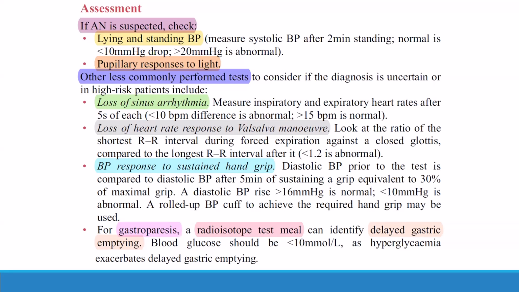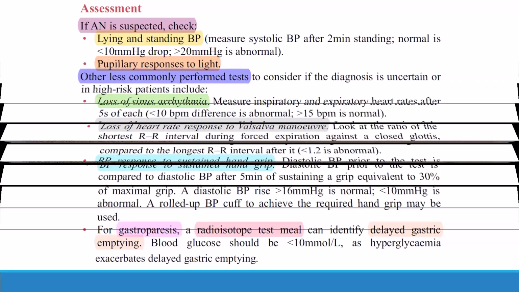Another one is loss of the heart rate response to the Valsalva maneuver, and also the blood pressure response to sustained hand grip. This is a sophisticated maneuver for diagnosis of autonomic neuropathy, and in the clinical exam it is very difficult to know this.